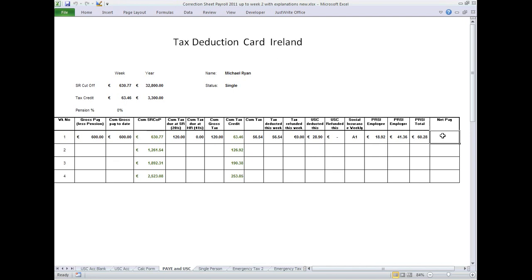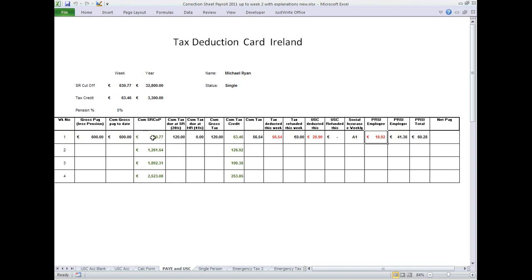Now his net pay is going to be his gross pay less what tax he's deducted this week, less his USC deductions, and less the employee's PRSI deductions.